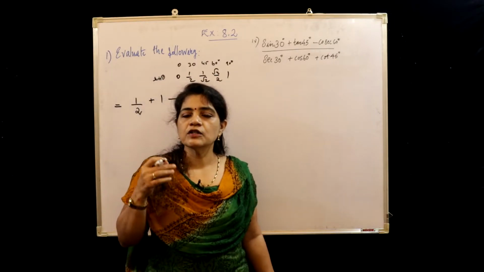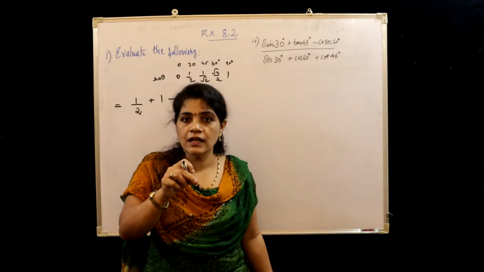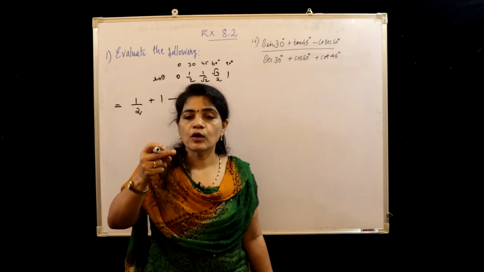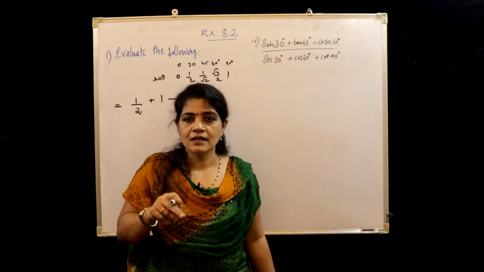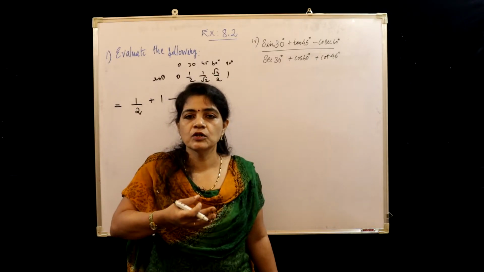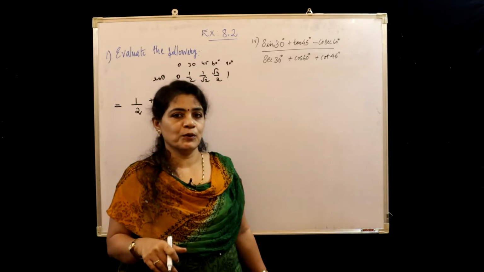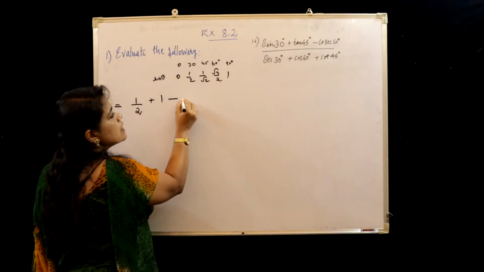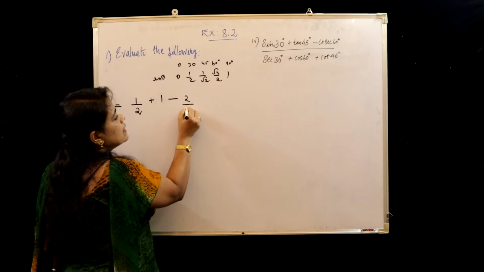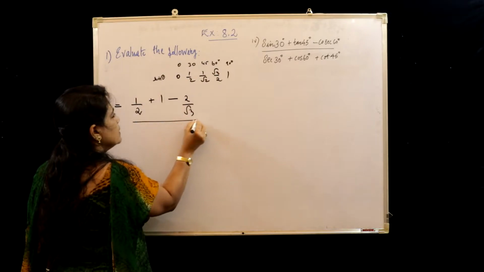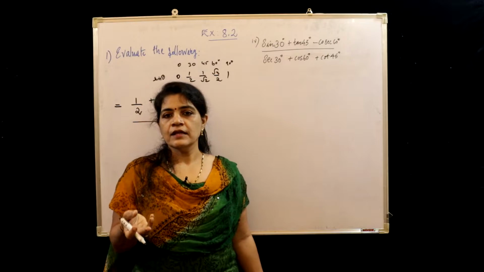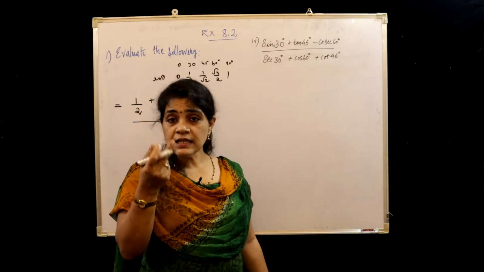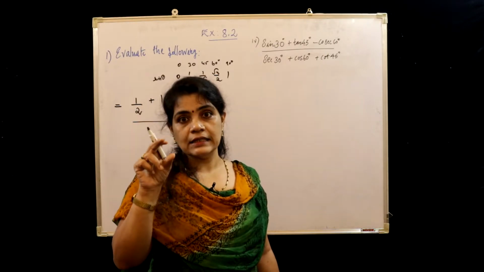Cosec 60, in order to get cosec 60, what idea will help you, children? Cosec 60 is the reciprocal of sine 60, and sine 60 value is root 3 by 2. Its reciprocal is 2 by root 3. That is minus 2 by root 3, divided by the denominator sec 30. What is sec 30? Sec 30 is the reciprocal of cos 30.